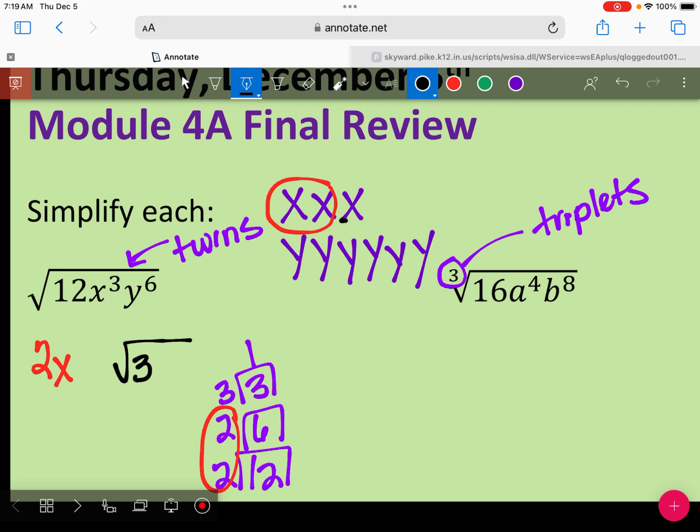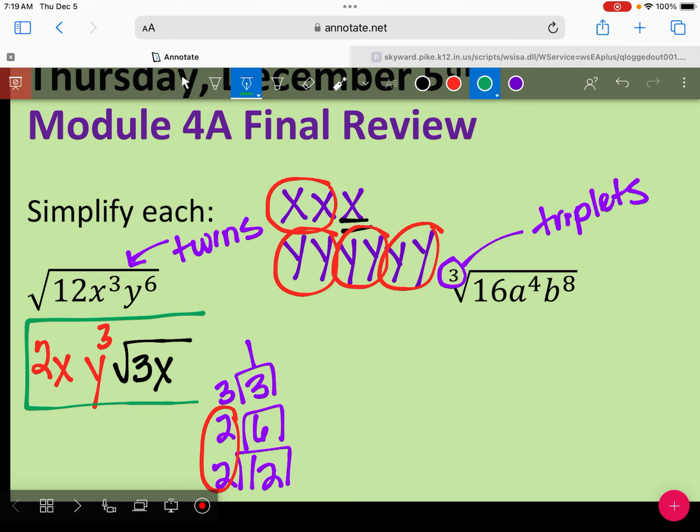But then there's an x that did not have a twin that has to stay inside with the 3. With my y's, I'm circling 1, 2, 3 sets of twins. So that would be y to the 3rd. Nothing is left over. So that would be your final answer for number 1.